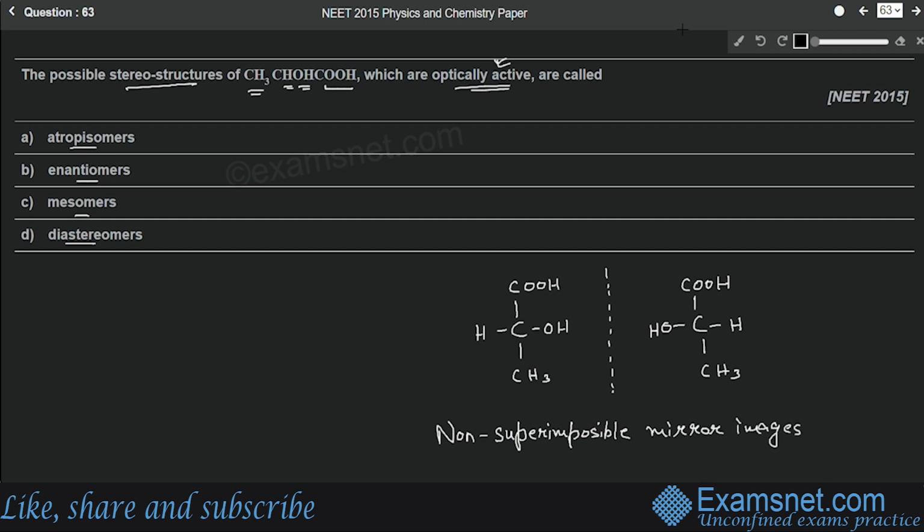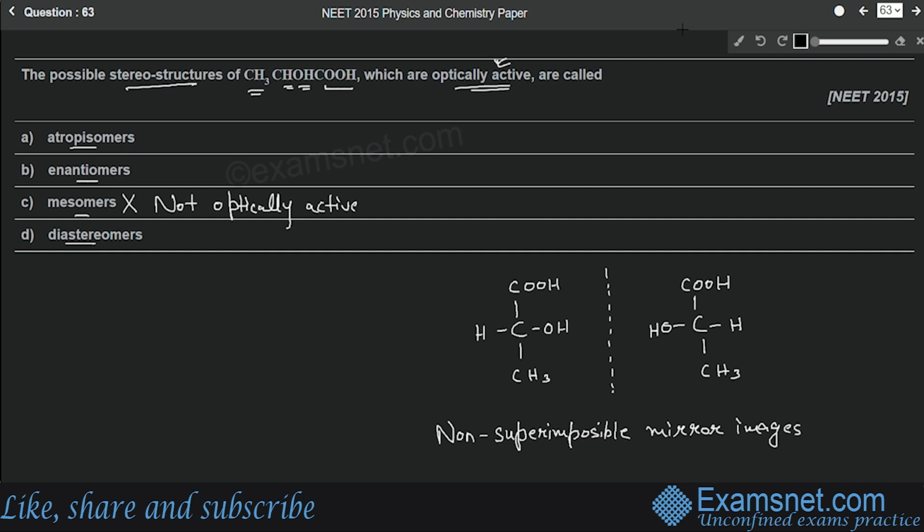Now out of the given options, mesomers cannot be the correct answer because mesomers are not optically active. But the compounds which are mentioned in the question are optically active. So mesomers can be eliminated from here. Others are optically active.